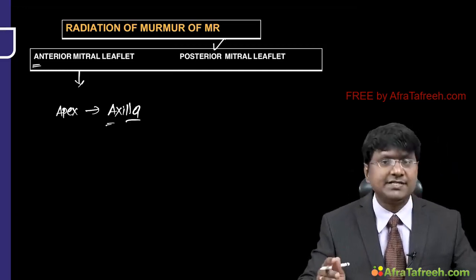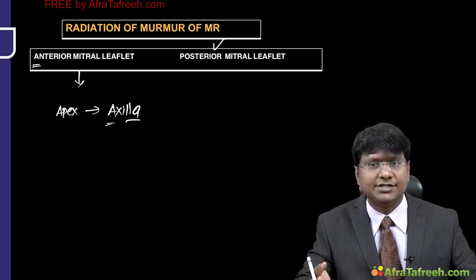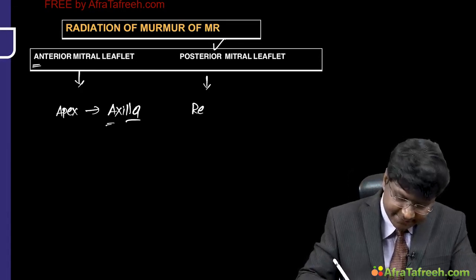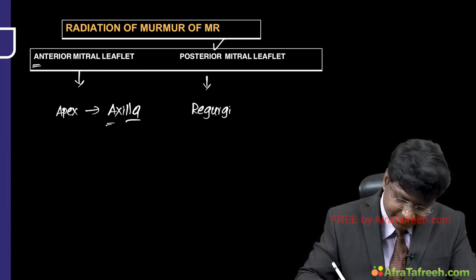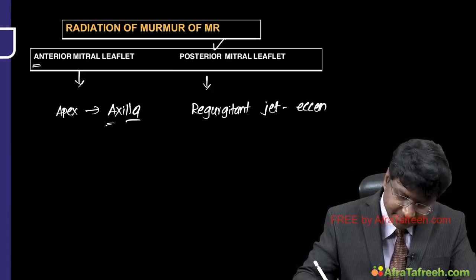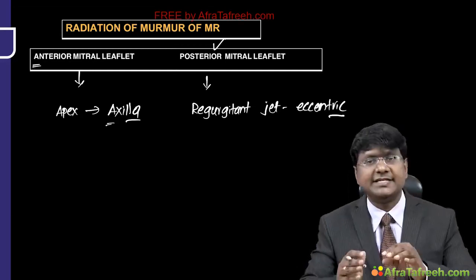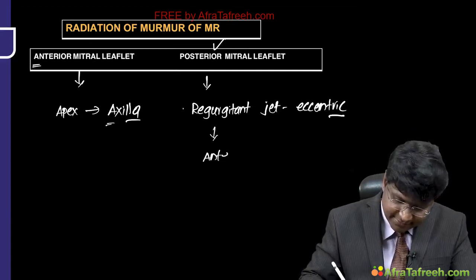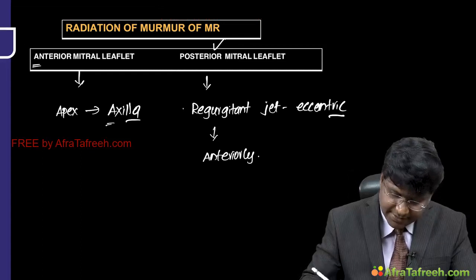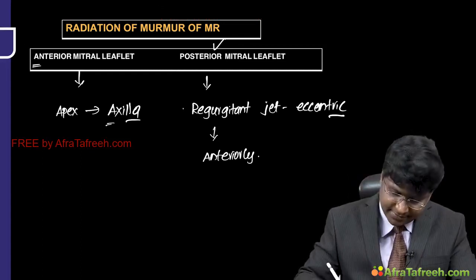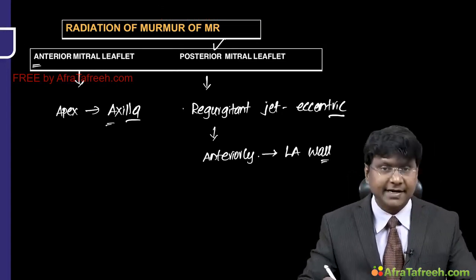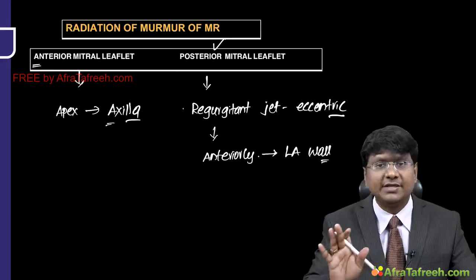Whereas if the pathology is in the posterior mitral leaflet causing mitral regurgitation, in such case what will happen is the regurgitant jet becomes eccentric, and this particular regurgitant jet is directed anteriorly and strikes the LA wall adjacent to the aortic root.